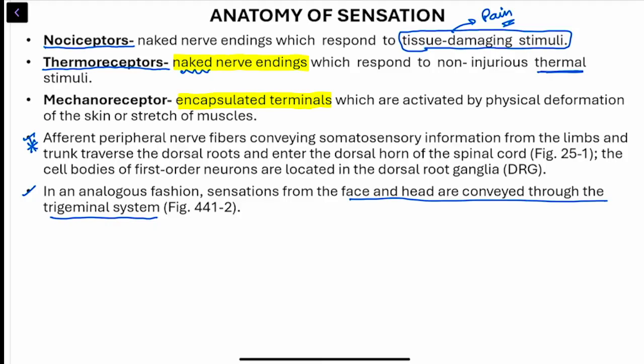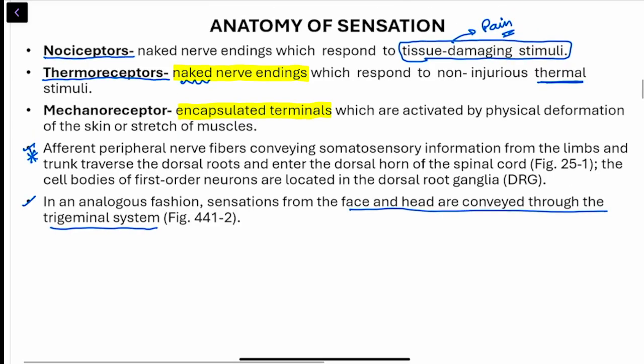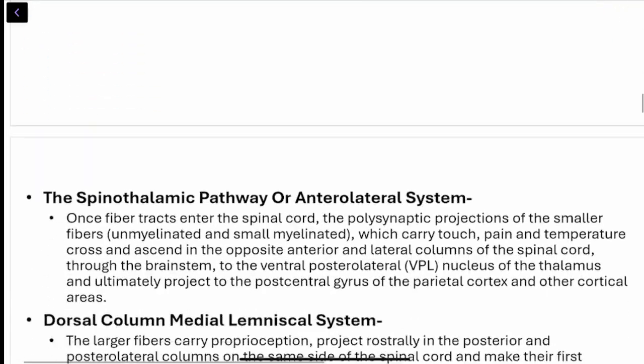The stimulus from the face is carried by the trigeminal system, and stimulus from the limbs and the trunk is carried by the spinal cord or the dorsal root ganglions or the peripheral nerves, via those nerves to the spinal cord, and then as I have just explained in the previous slide, right. So this is all about remembering the pathway of pain.